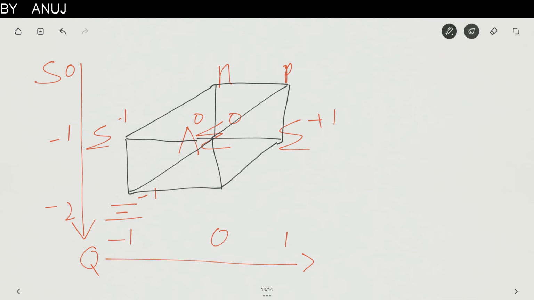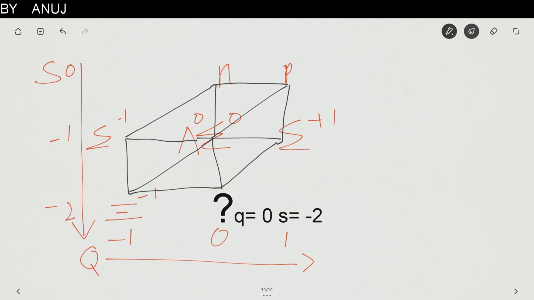Then the missing point of the hexagon represents a particle, and that particle has a property of zero charge and a strangeness of -2. Thus we have deduced a particle's property which is not even discovered. Thus we can do it.